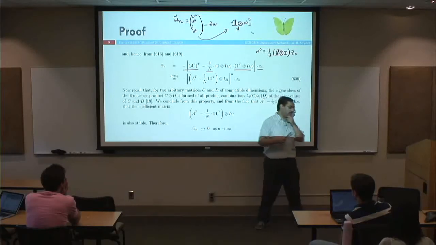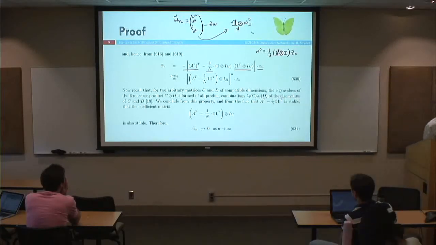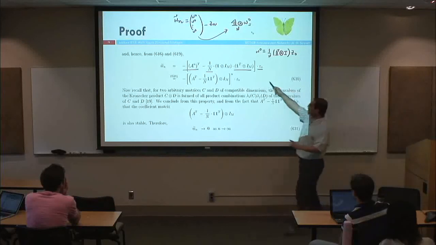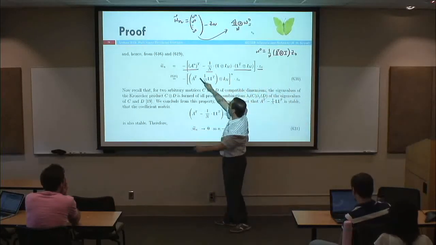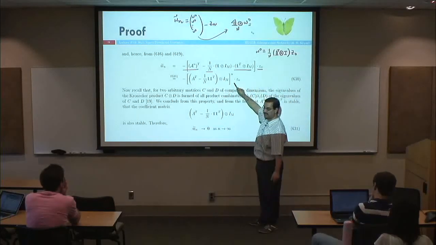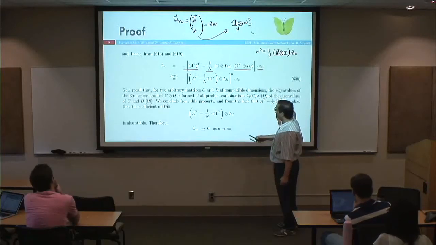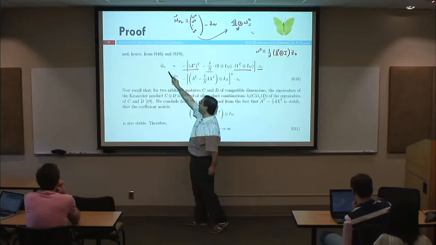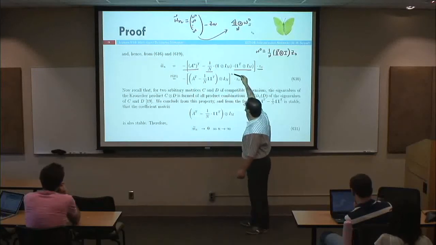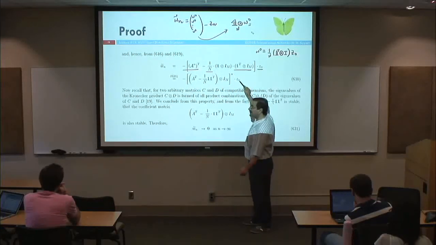Anyway, so continue now. But remember, this is exactly the matrix I showed you on the previous slide, that it can be written like this. Therefore, I showed that W tilde n is some power of a matrix times Z0.